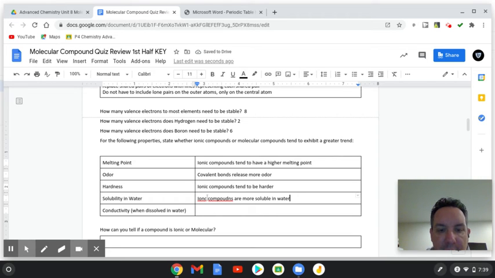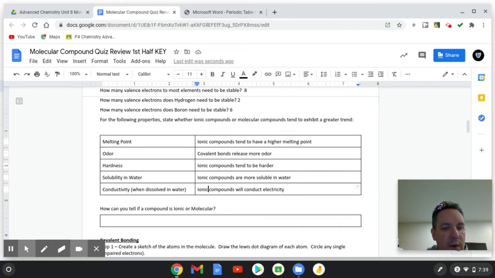Because ionic compounds are made of 2 ions that can be split apart, they tend to dissolve in water, and ionic compounds will conduct electricity. So those are the properties you should be able to identify.